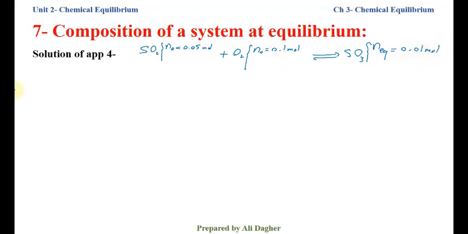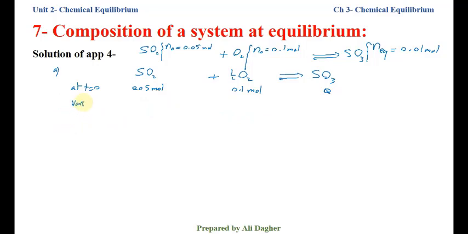We should calculate the composition at equilibrium. We write the equation: SO2 plus half O2 gives SO3. At T equals 0: 0.05 mole for SO2, 0.1 mole for O2, and 0 mole for SO3, because this given is at equilibrium, but at T equals 0 we have no SO3, the number of mole of SO3 equals 0.